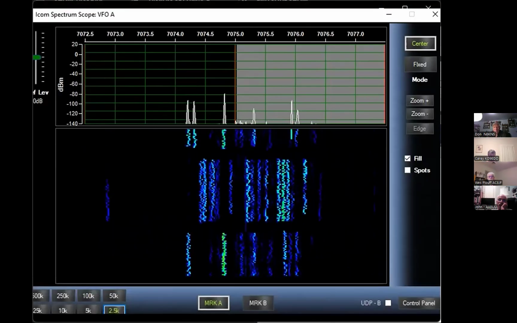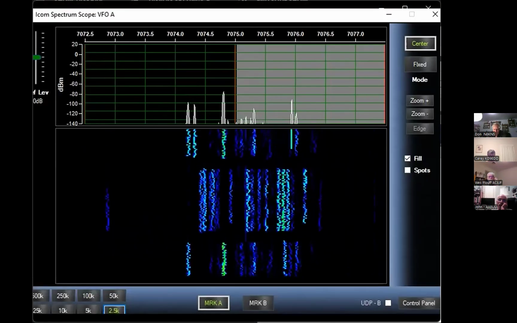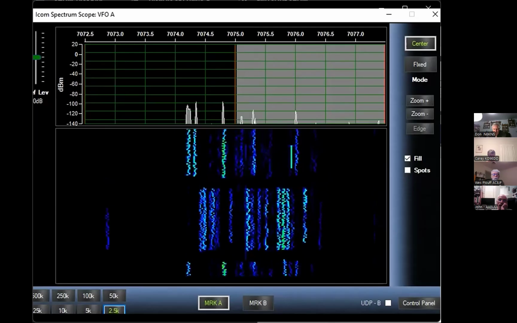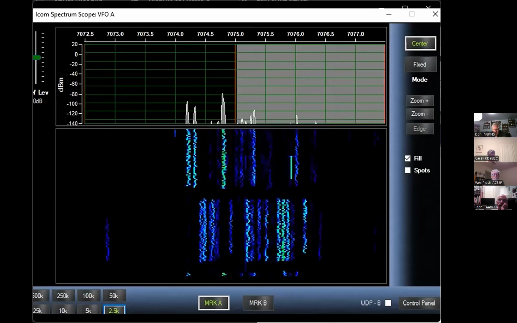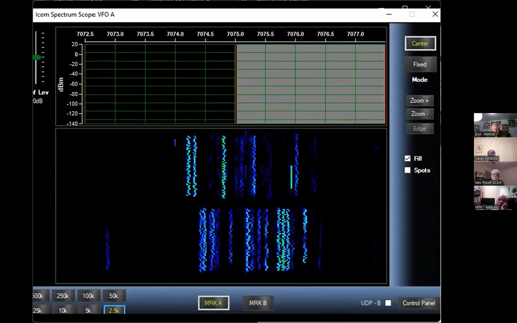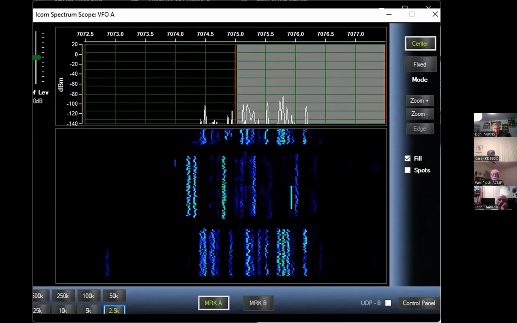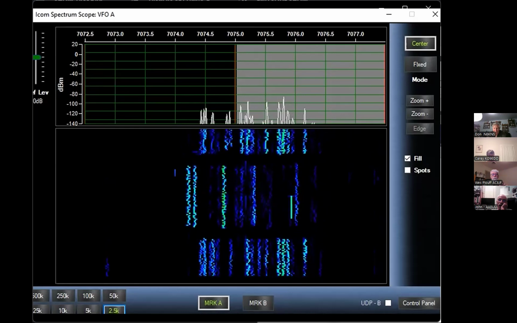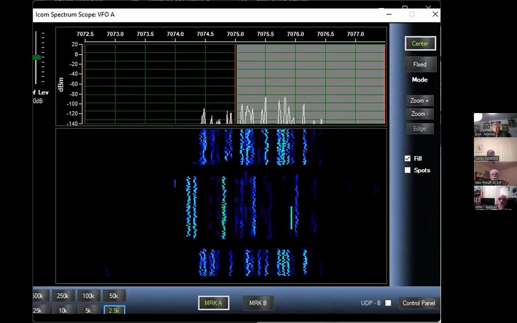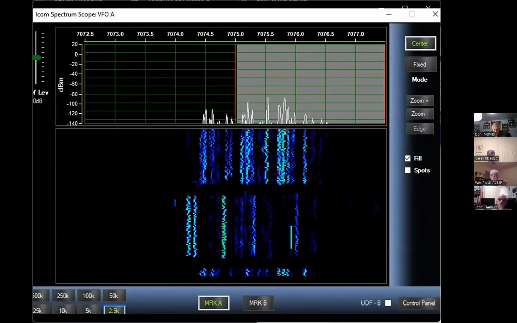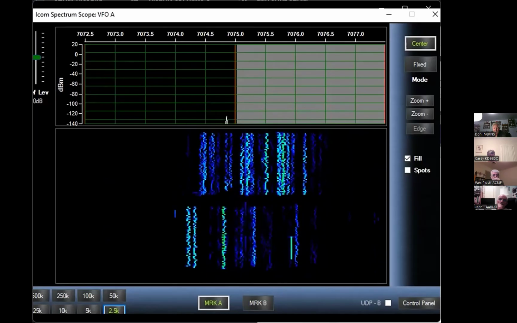In this little segment of spectrum, it's very common to see 10, 20, even 30 signals, and the WSJT software can decode all the signals in that bandwidth. And so it can decode even signals that you can't see on the display.